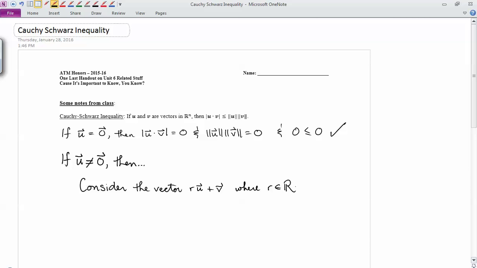It's a scalar. And then we're going to look at what happens when we take that vector and dot it with itself. So ru plus v dot ru plus v.